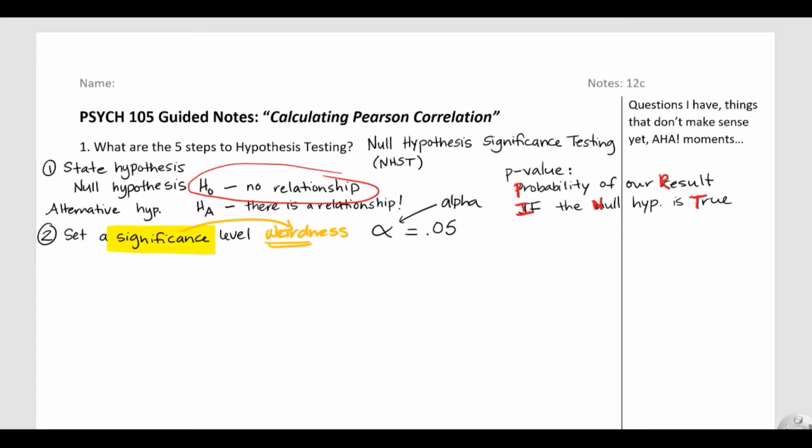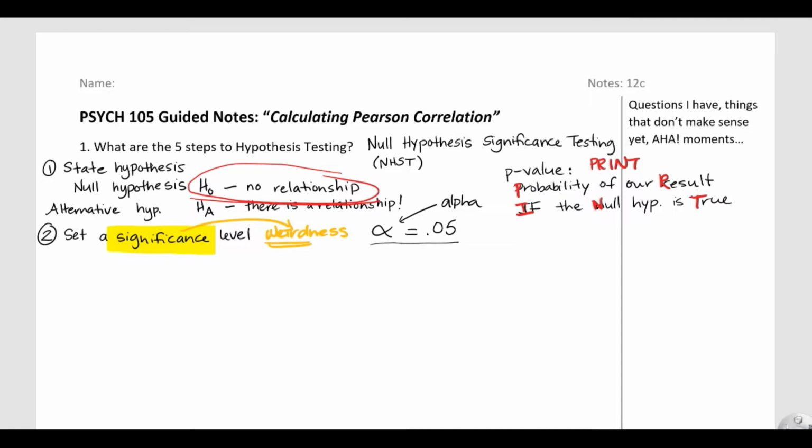So if it helps you to remember the acronym PRINT: the probability of our result if the null is true. Because we always start out by assuming that the null is true, and then we try to see, is there evidence to the contrary?